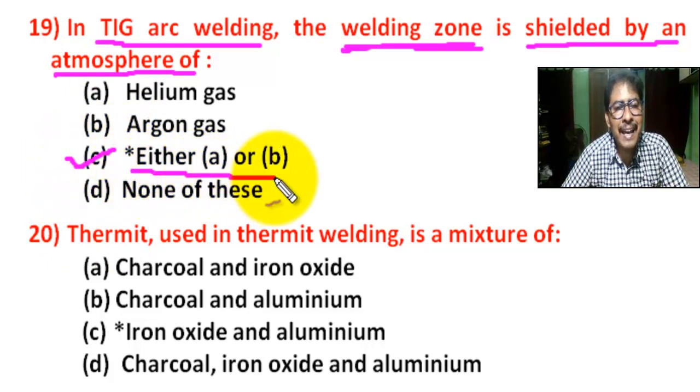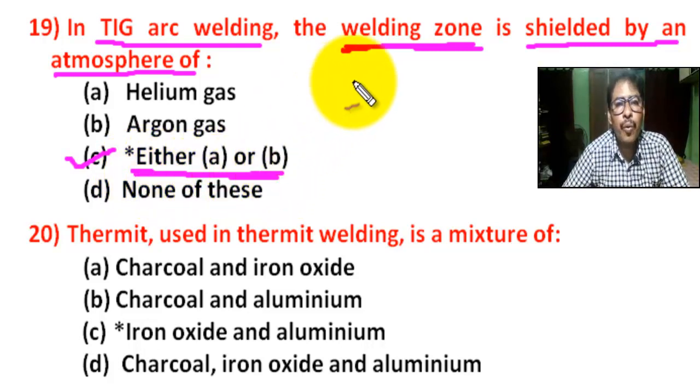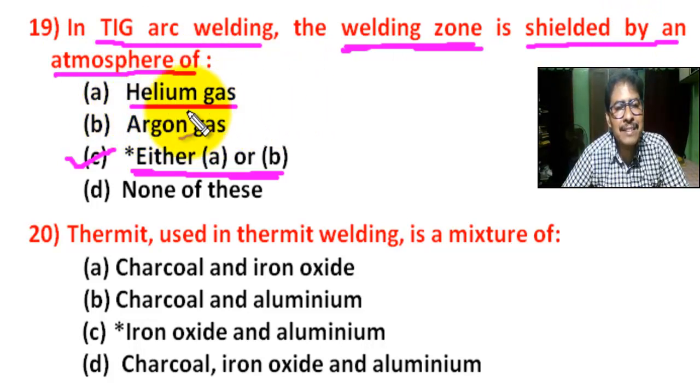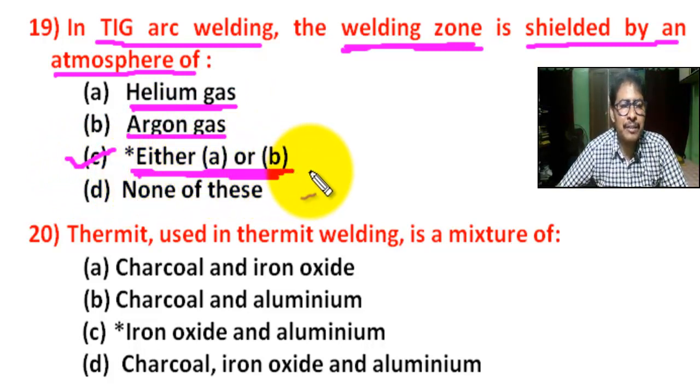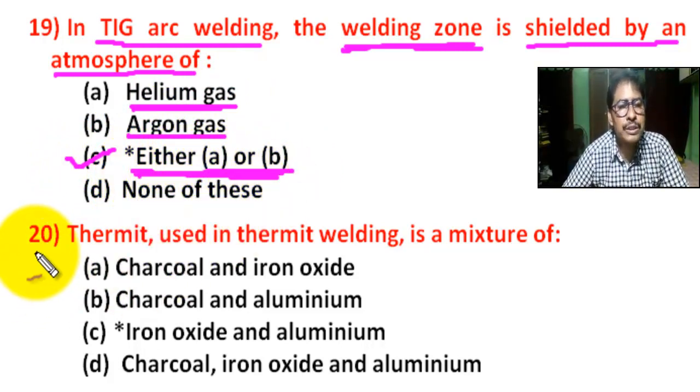Correct answer is C, either A or B. In TIG arc welding, the welding zone is shielded by an atmosphere of helium gas or argon gas. So correct answer is C, either A or B.